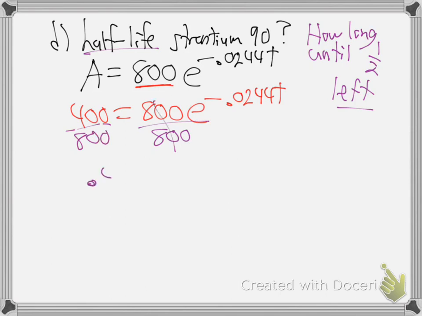And we get 0.5 is e to the minus 0.0244 t. And then we get rid of that, we bring the power down by ln on both sides.